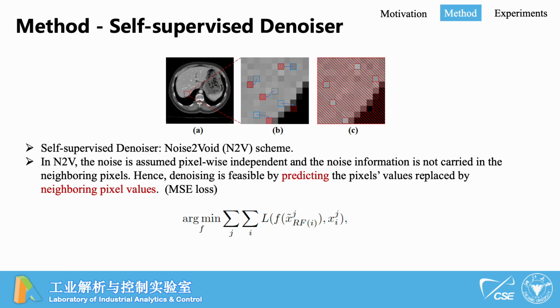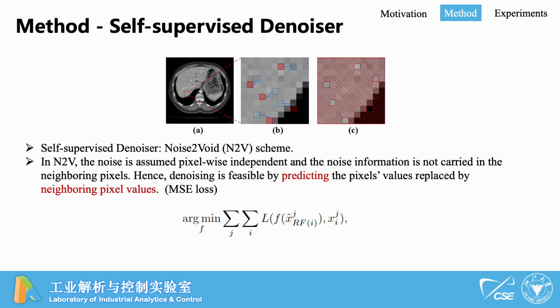For the self-supervised denoising, we use the noise-to-void scheme. In noise-to-void, the assumption is that the noise is pixel-wise independent, and the information about noise is not carried in neighboring pixels. This allows for effective denoising by predicting pixel values replaced by their neighboring pixels.